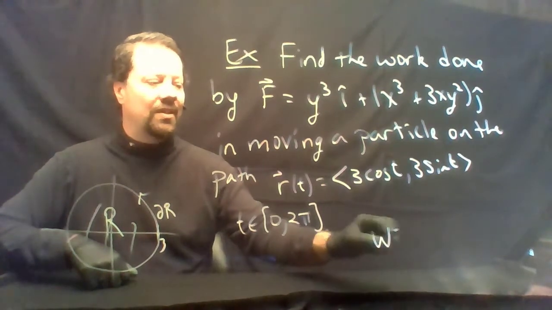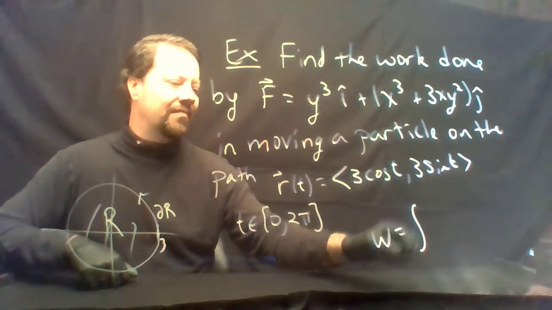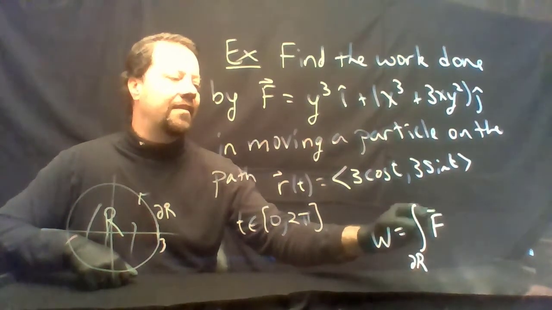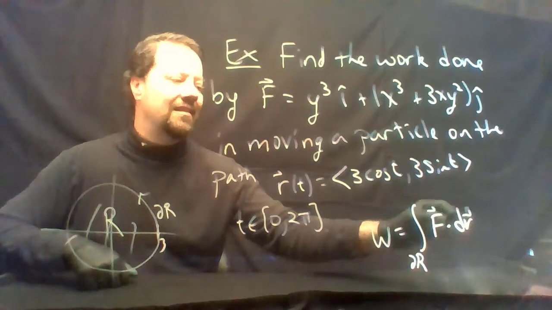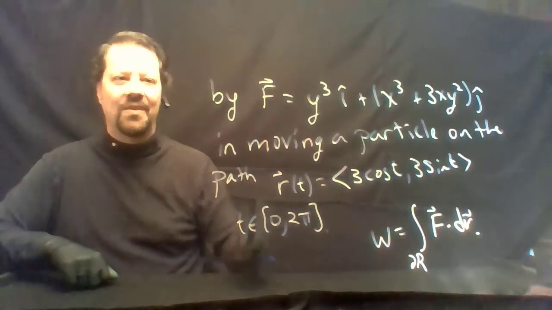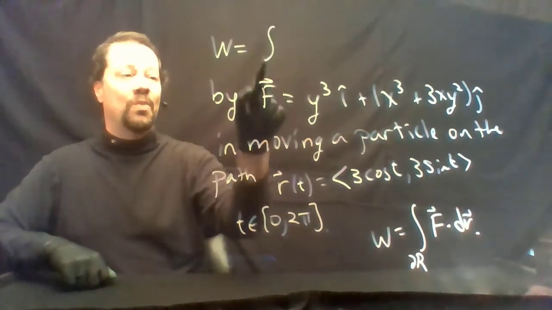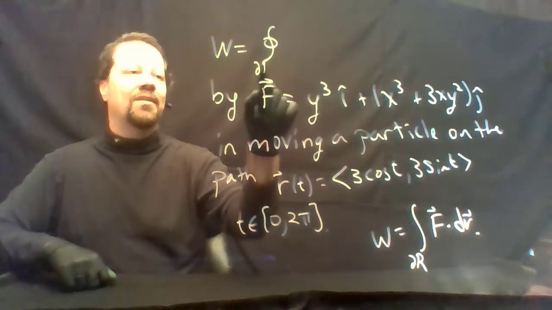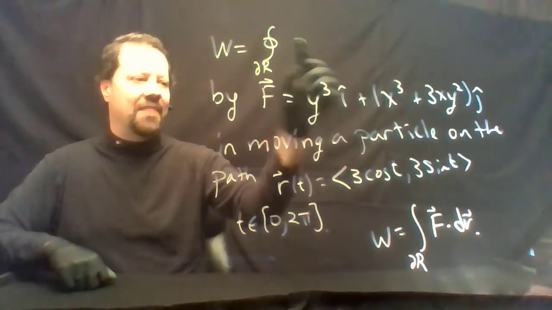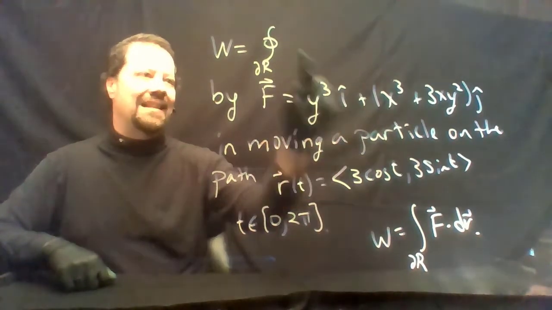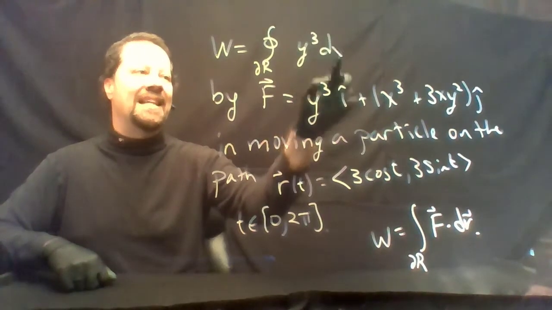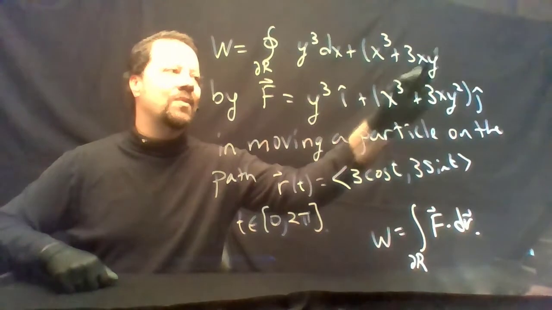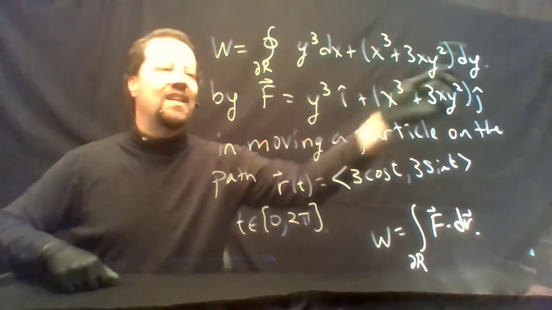Recall that the work is the integral along the path of F dot dr. We have then that the work will be, because we're dealing with a closed loop, the integral around the boundary of the disk of radius 3 of F dot dr. That's going to be y cubed dx plus x cubed plus 3xy squared dy.